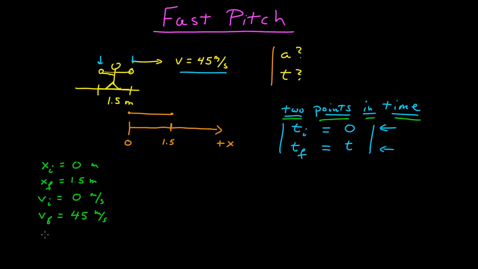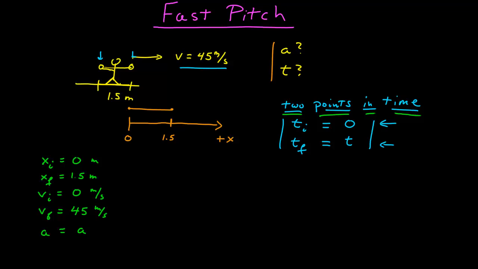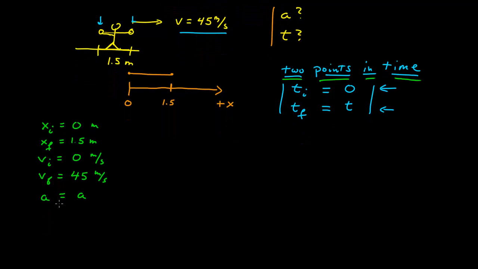The acceleration is unknown, that's what I want to know, but I'm assuming it's constant. So there is no initial acceleration and final acceleration. It's the same throughout, so there's just a. The initial time I've defined to be 0, since I get to define the zero of my time axis, and my final time I just called t.